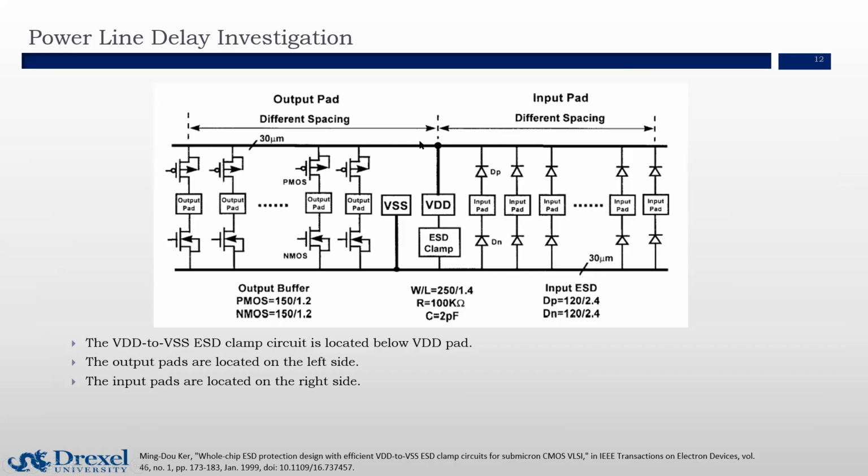And we can generate the rules for how much delay is introduced by the power rail. And we can also do the same thing for the input pad and see what the delay is from the input pad, and measure the voltage level seen on the ESD clamp device.